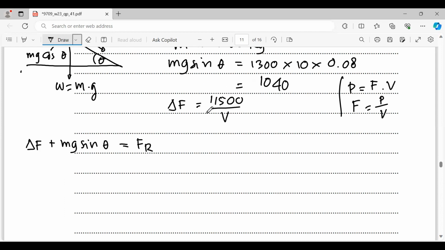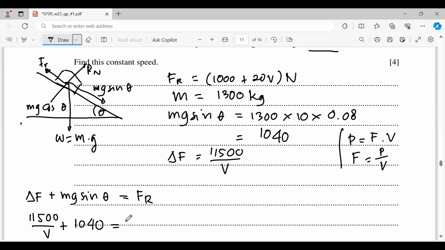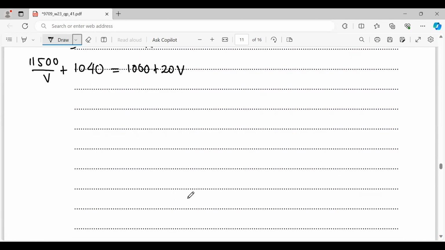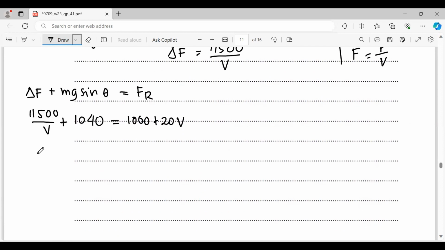Delta F equals this one, 11,500 over V, plus 1040 equals Fr, this one, 1000 plus 20 V. So we set this equation: 11,500 over V minus 20 V equals 1000 minus 1040.